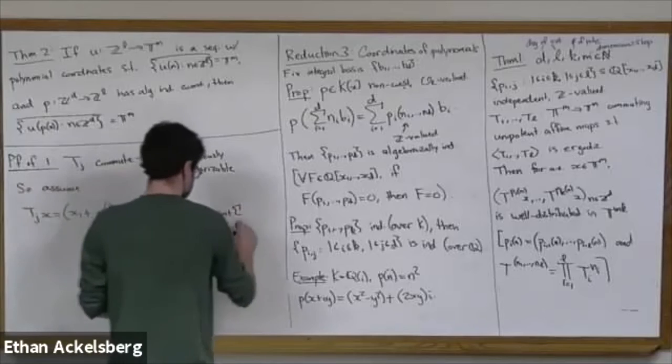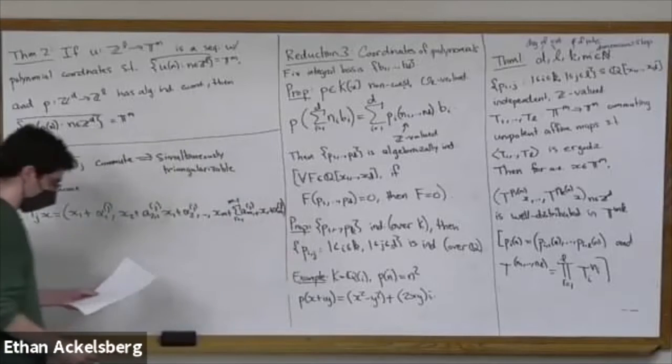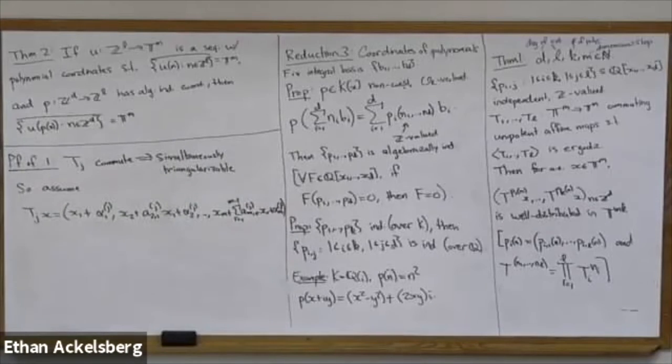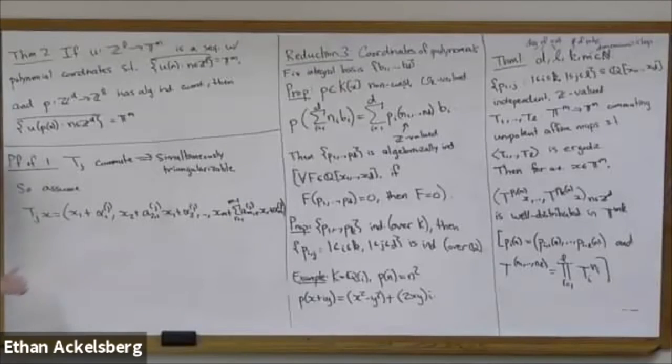And then we sum over the previous coordinates with some coefficients. And we have another alpha. So these are the kinds of skew product systems that we're used to. In each coordinate, we have some linear combination of previous coordinates and some rotational piece.